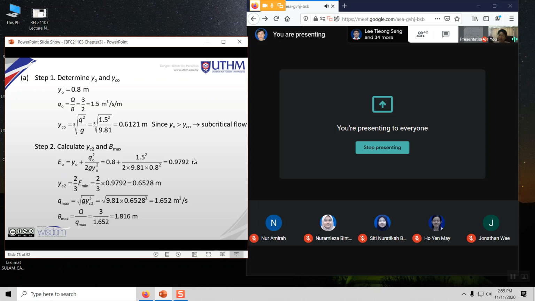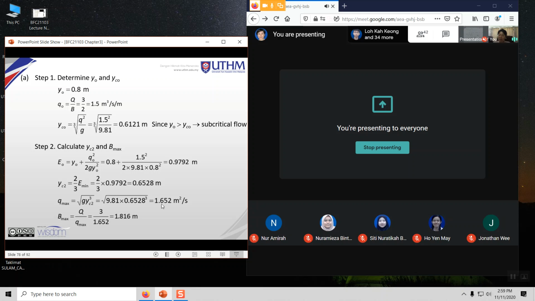Once I find my E naught equals 0.9792, I solve it for YC. My YC is 2/3 of E min, which is 0.6528. Then, once I have my YC, I can find my Q max. My Q max is square root of g Y to the cube power.